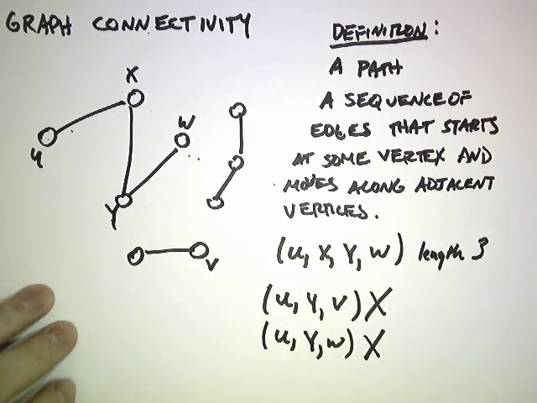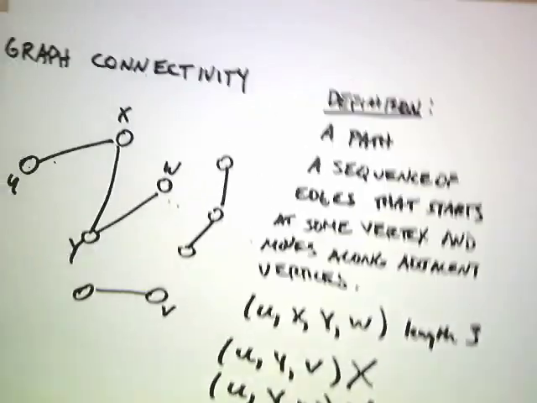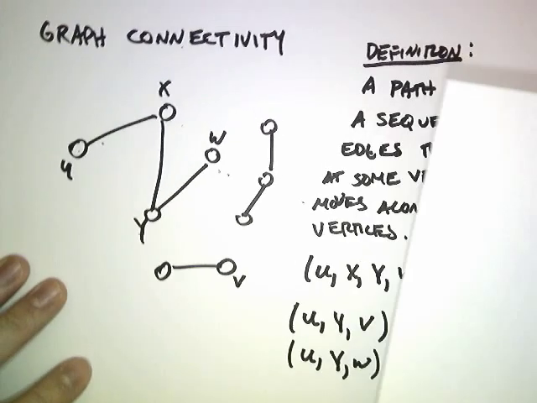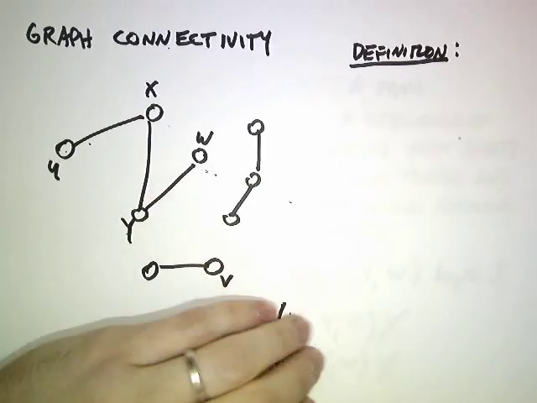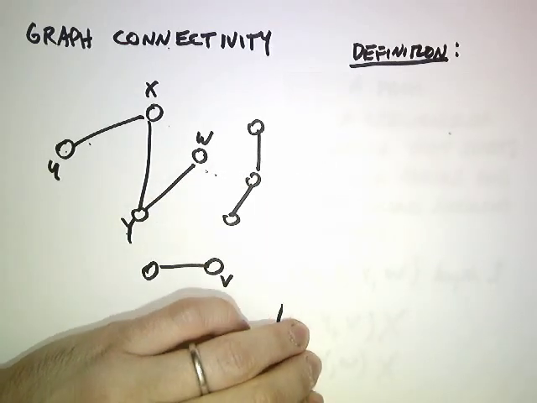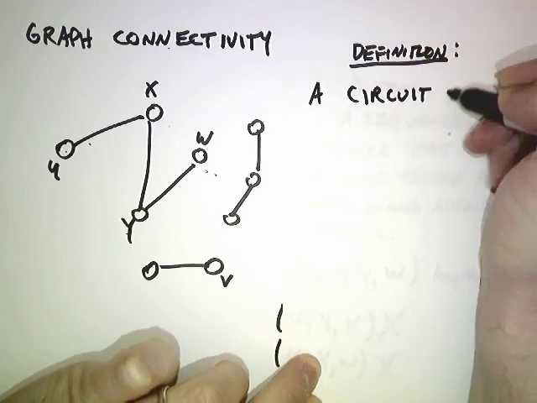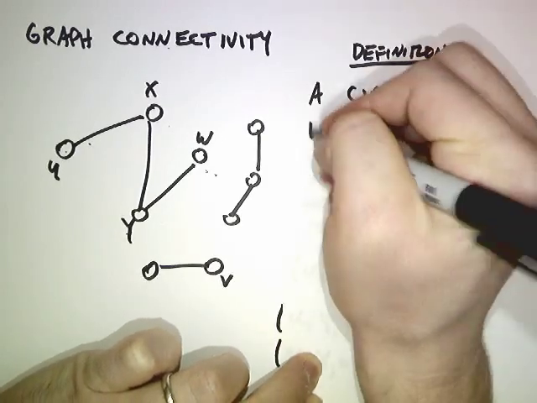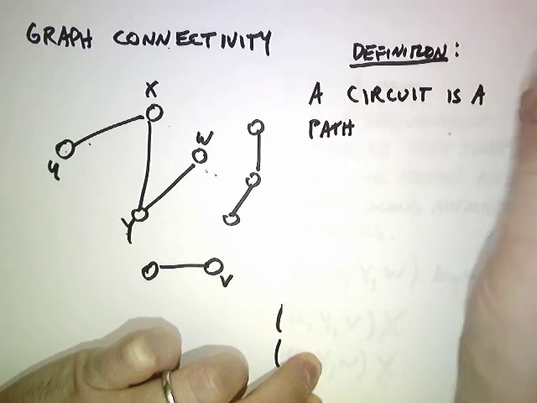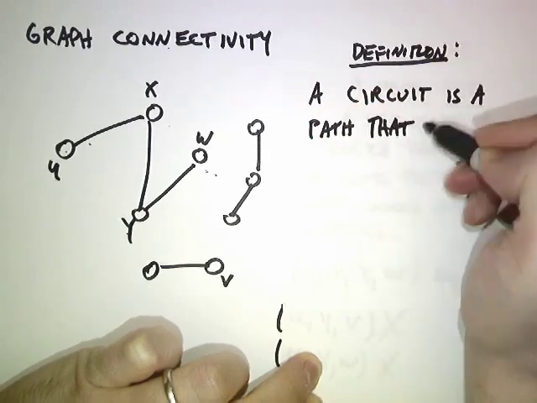So just a few more notions. A circuit is a path that begins and ends at the same vertex.